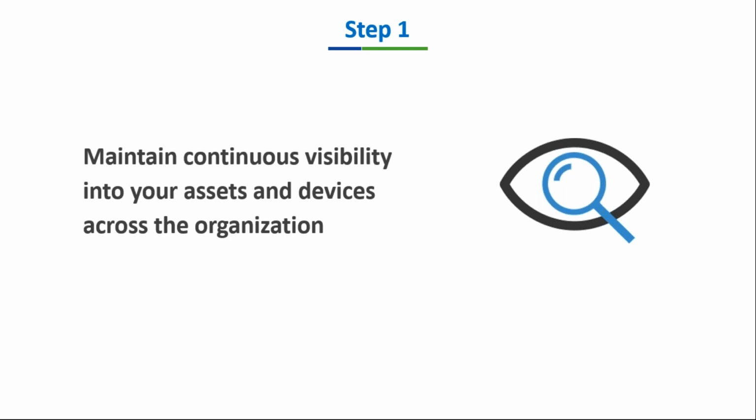Have they reached end of life and end of support? And really having a whitelisted or controlled environment, keeping only the applications and systems that I want to run and have visibility on. So that is step number one.